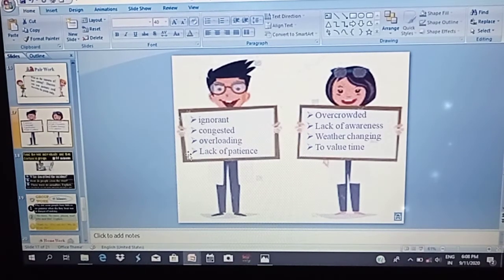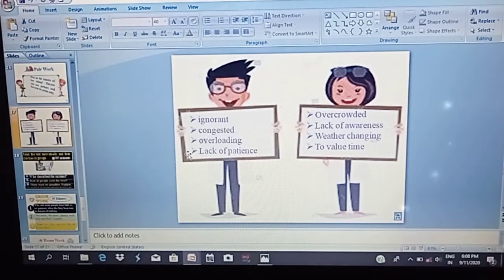This is the most important point, I think, because almost every day we watch different types of casualties, different kinds of accidents happen in our country because of lack of patience.